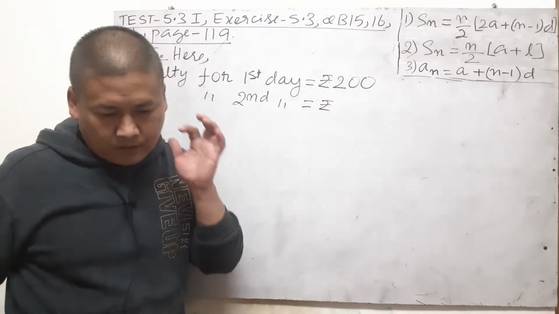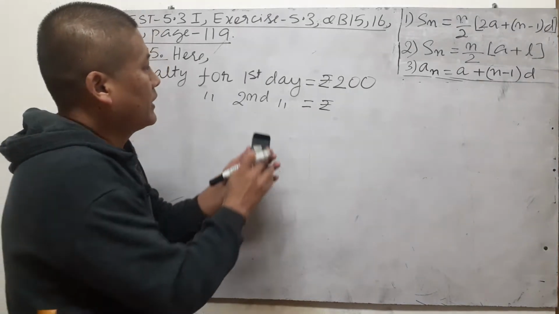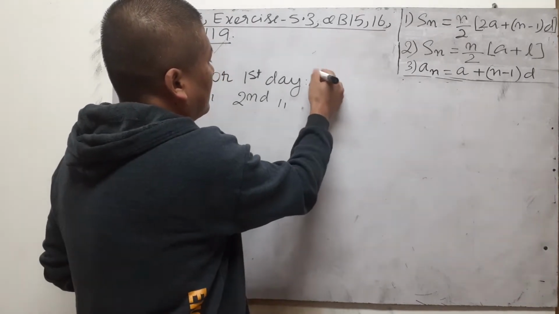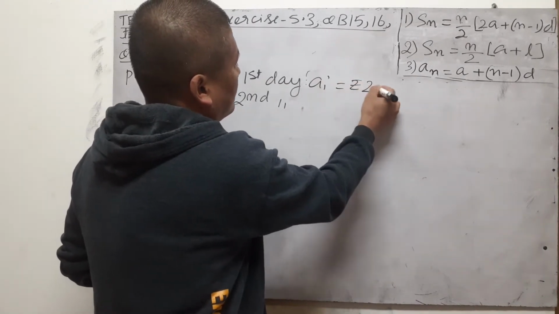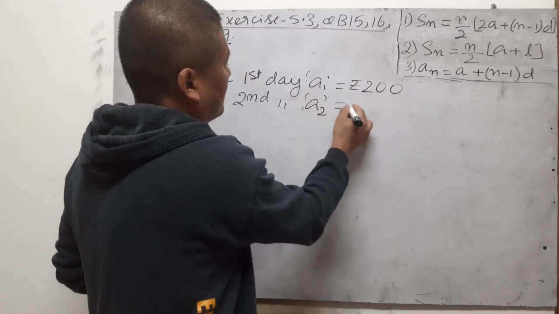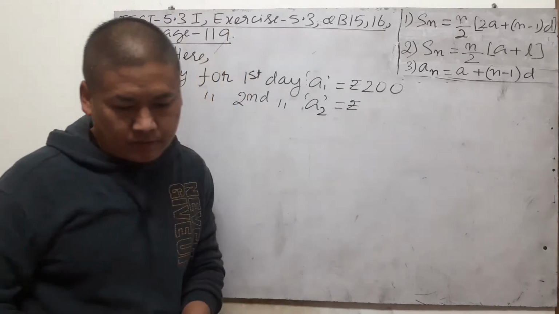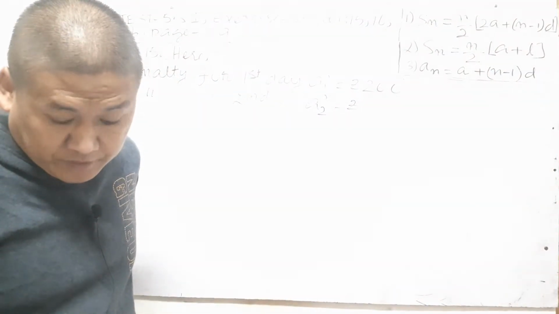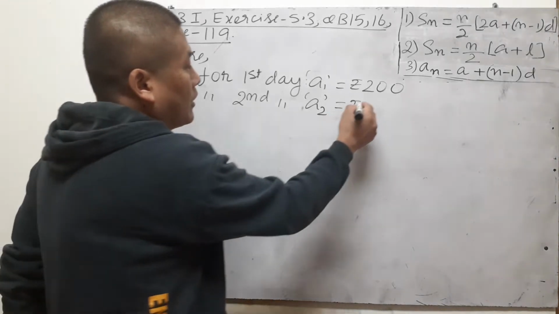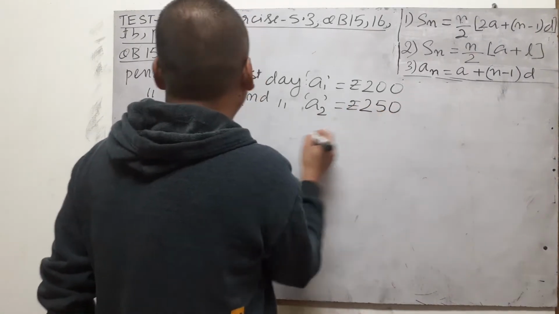I think that's what we can specify here as the first term, A1, as rupees 200, and here A2 is, as you read the question, for the second day 250.